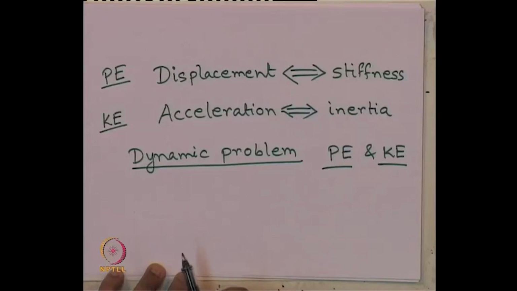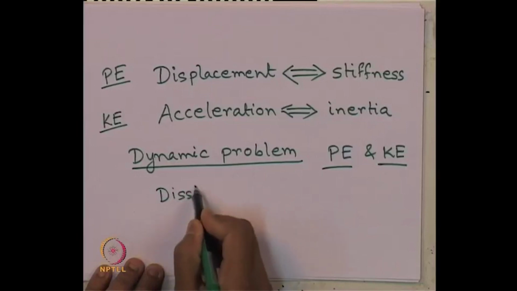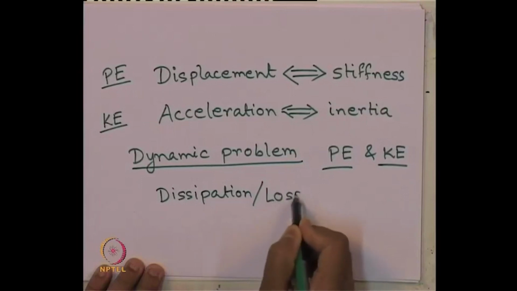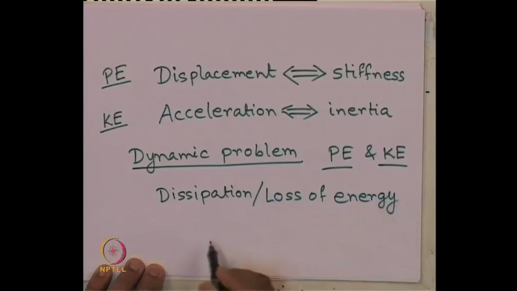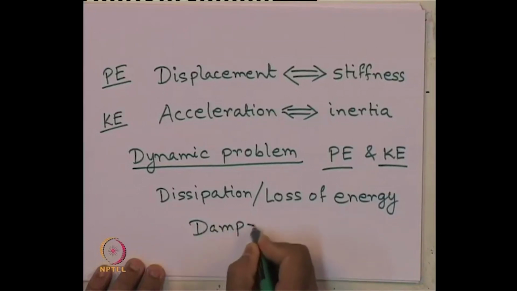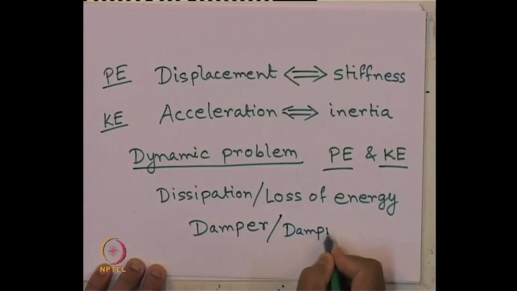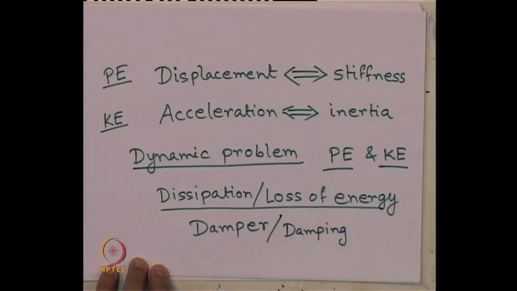Now, when we have the dissipation or loss of energy, that can be represented by some damper or damping. So, damping is the property by which this dissipation or loss of energy can be represented.